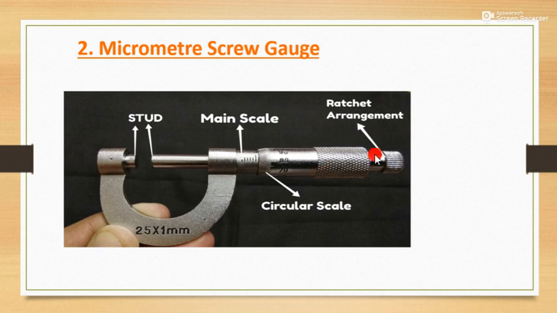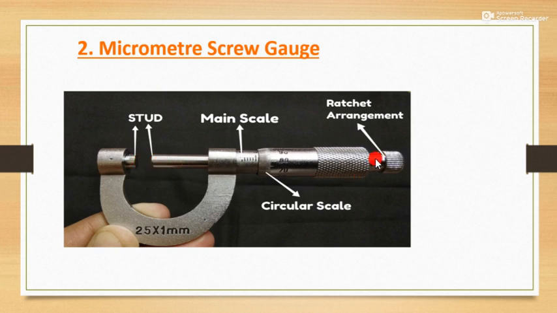Now, the parts of the micro screw gauge you can see here. This is called the main scale, and this is called the circle scale. The ratchet is the part we rotate to hold the object between these two parts.